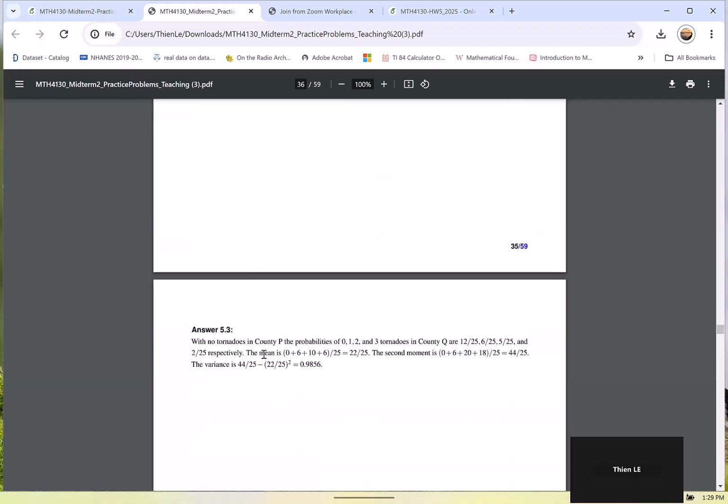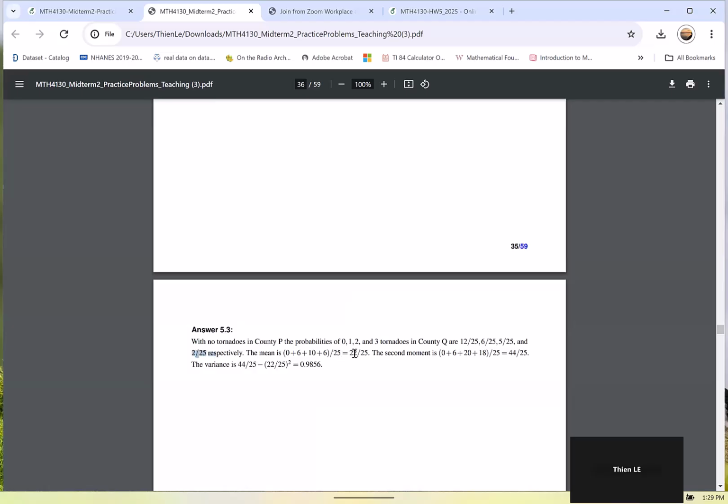So basically from that, you can get the mean, right? The mean of 0, 1, 2, 3 tornadoes: 0 times the weight, plus 1 times the weight, plus 2 times the weight, plus 3 times the weight, right?